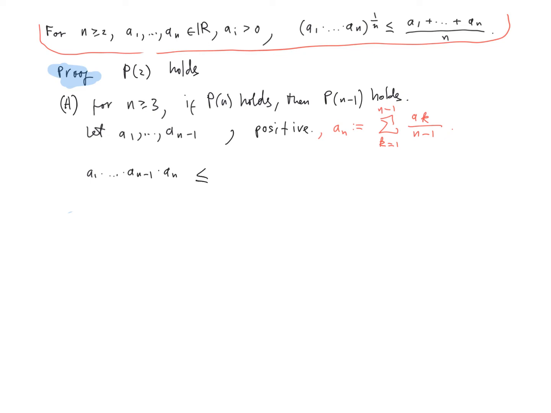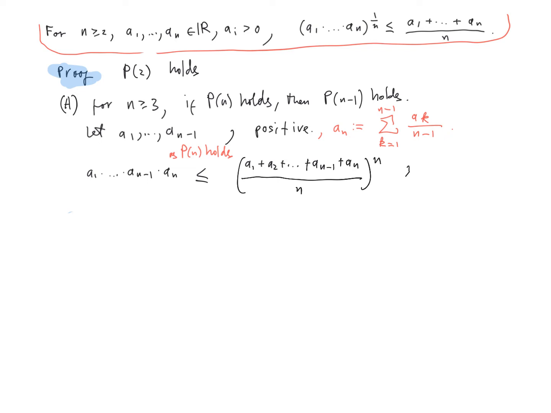Now we can estimate it from above using the fact that P of n holds, as the arithmetic mean, so a1 plus a2 plus etc. up to a_{n-1} plus an, divided by n and taken to the power n. So this is precisely the fact that P of n holds.